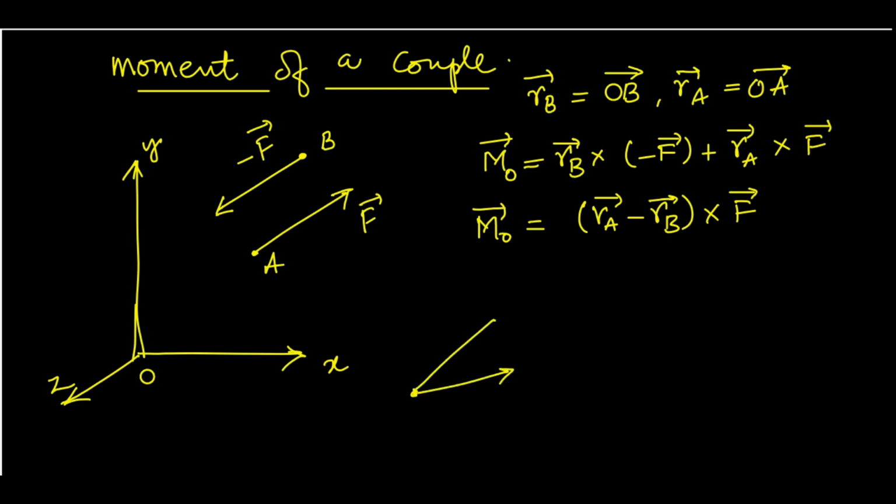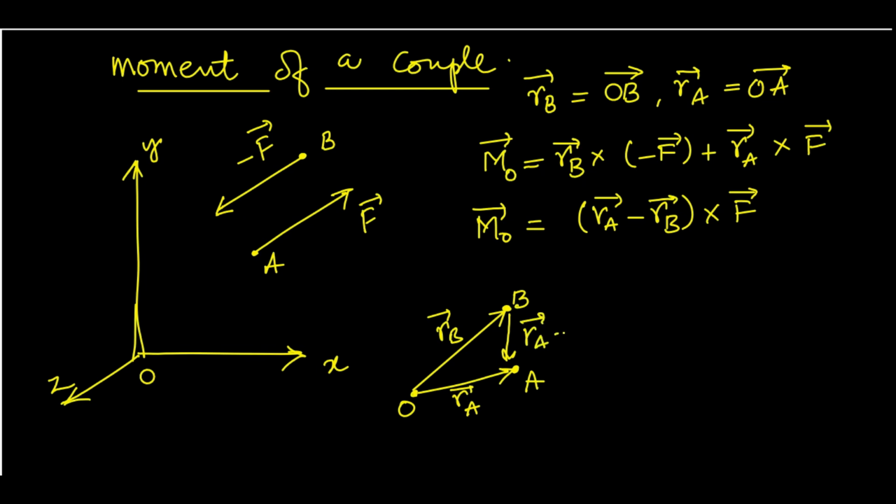So you have O, A, B. This is B, this is A, this is O, RB and RA. Now this vector will be RB plus this vector is RA.